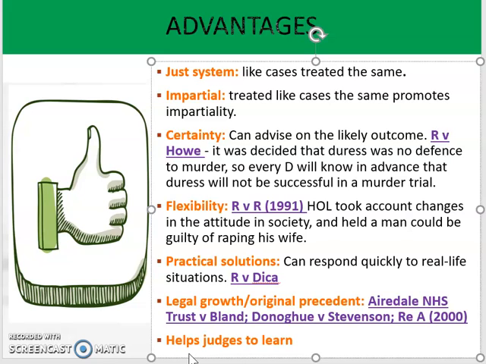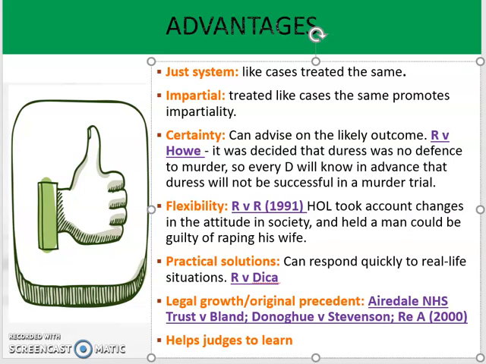And judges are never in a position where they say, I've no idea what to do here, because they can always look at previous decisions. And as I said before, they can reason by analogy and come up with a solution. So precedent is helping judges to learn and to apply the law effectively.